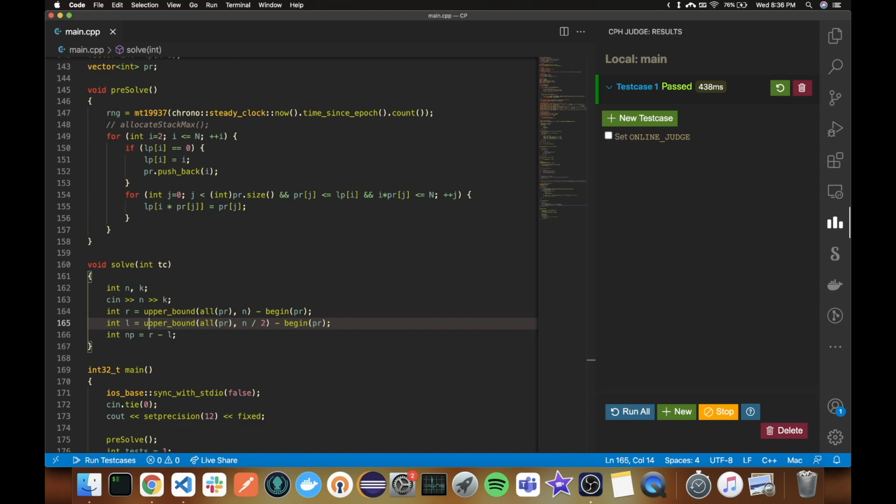If I have upper bound, I want to subtract it here. Okay, that didn't work out. This gives me the number of primes greater than n and greater than n by 2. Then this gives me primes in this range.